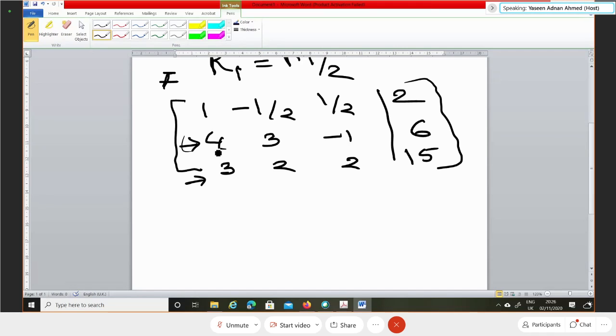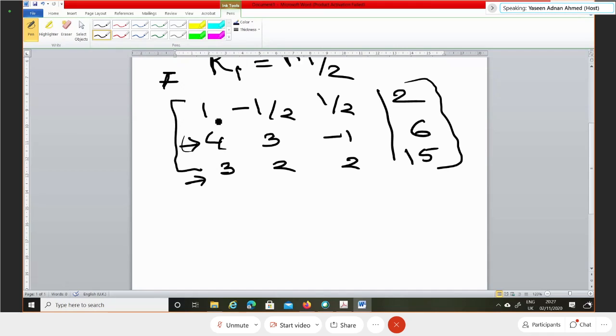That is the strategy. In this case, we keep row 1 fixed, and we modify R2 and R3 with respect to R1 in such a way that your 4 and 3 become 0. Above we don't have any elements, so we focus on 4 and 3.